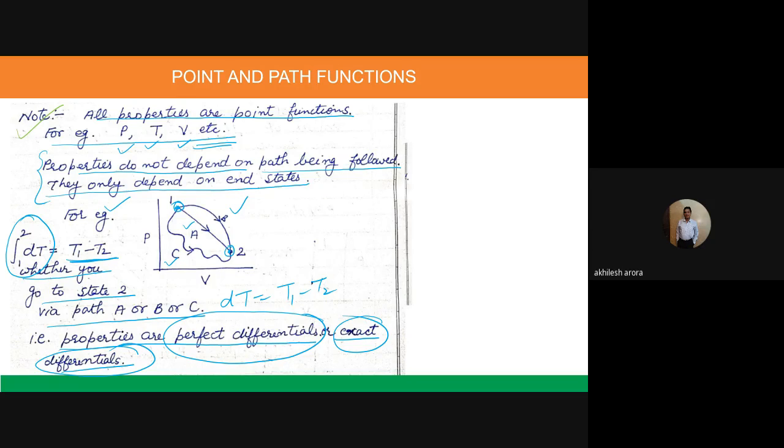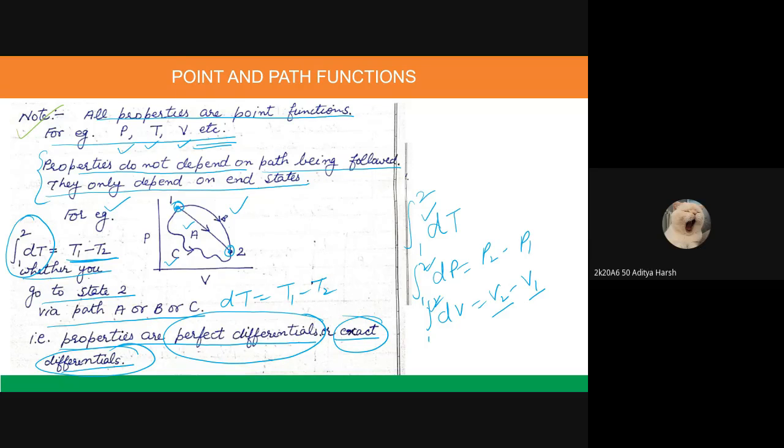If it is a perfect or exact differential, I represent it by d, for example dT, dP, dV. So d represents the exact or the perfect differential. The meaning is clear. When I integrate this equation between 1 and 2, I will get the value at the final state minus the value at the initial state. Only this can happen in the case of a property. So properties are point functions.